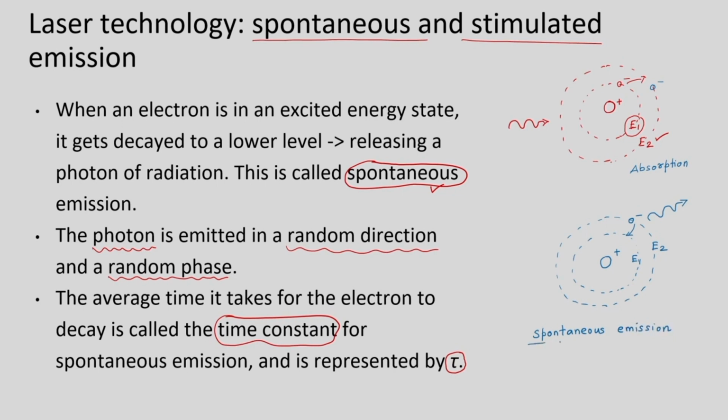However, the problem with spontaneous emission is that the photon which is emitted during this process has a random phase and is moving in a random direction.